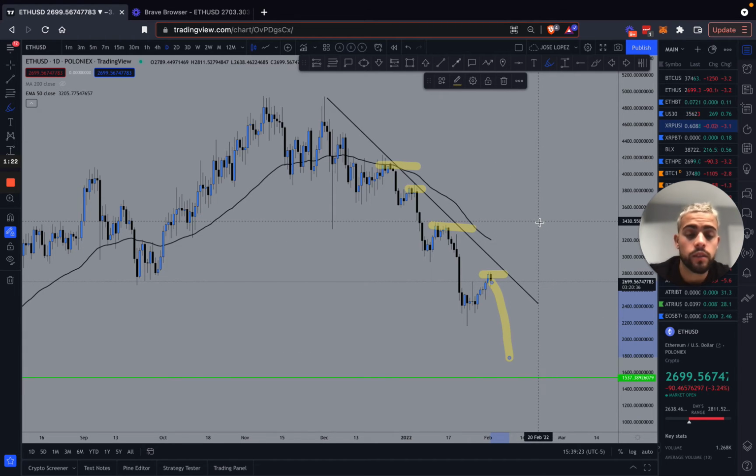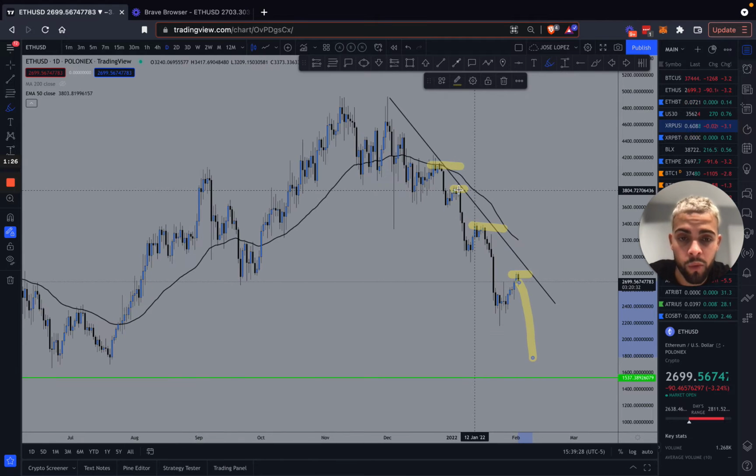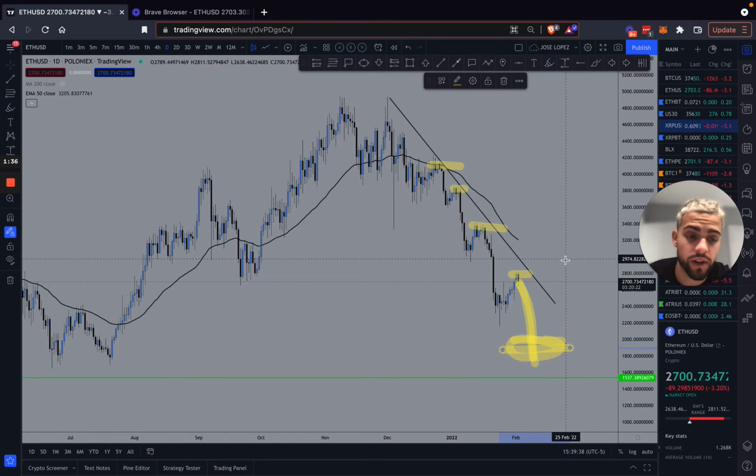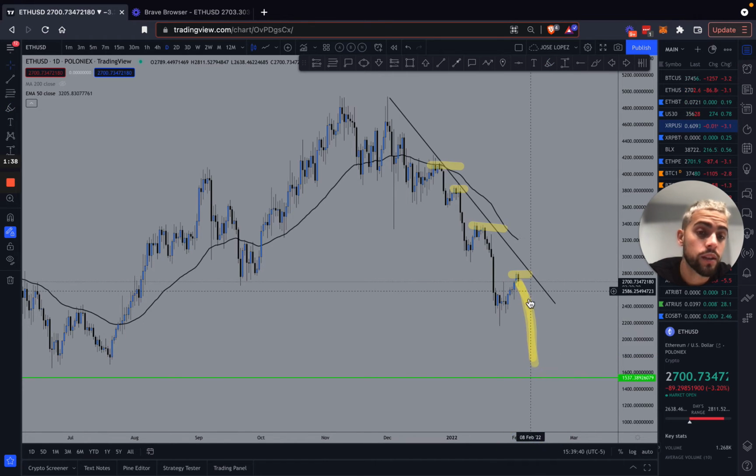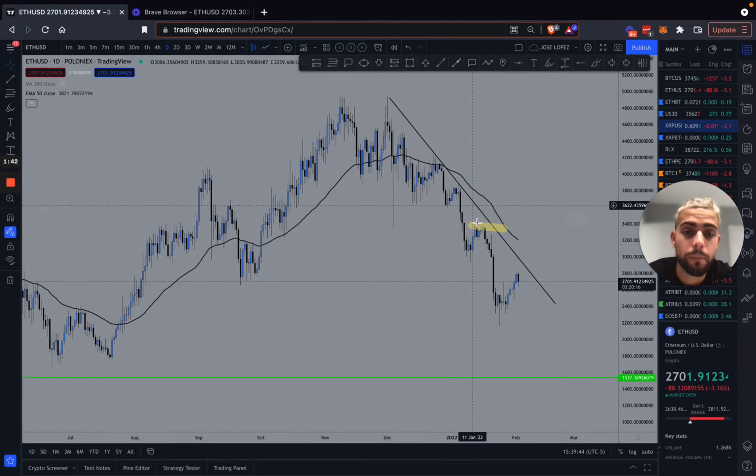Now, in my opinion, based on my analysis, based on how the chart is looking, this is going to be a move lower onto the 2000s or 1800s, 1900 levels. We will have to see by then how low price moves.